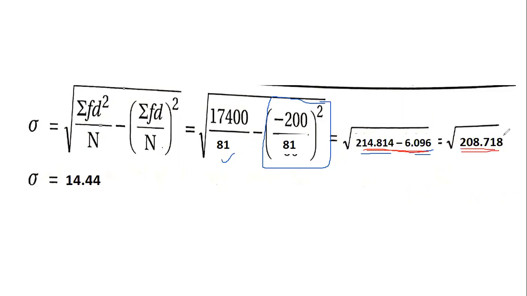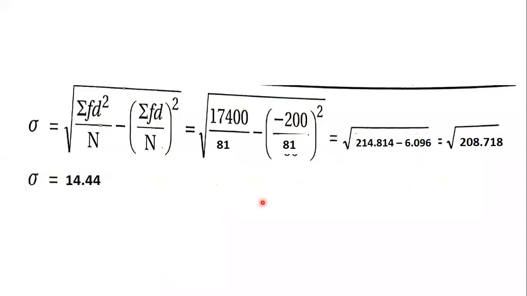After I subtract and get this number, the last step is just to find the square root of this number, and our standard deviation value will be 14.44. So this is how we find the standard deviation for discrete series under assumed mean method.